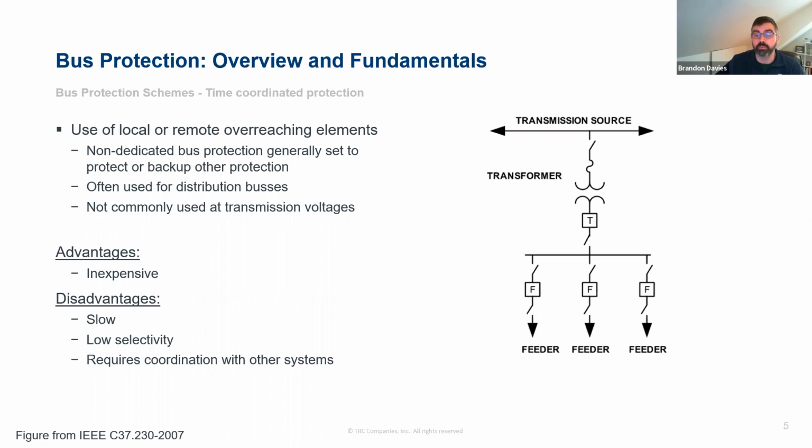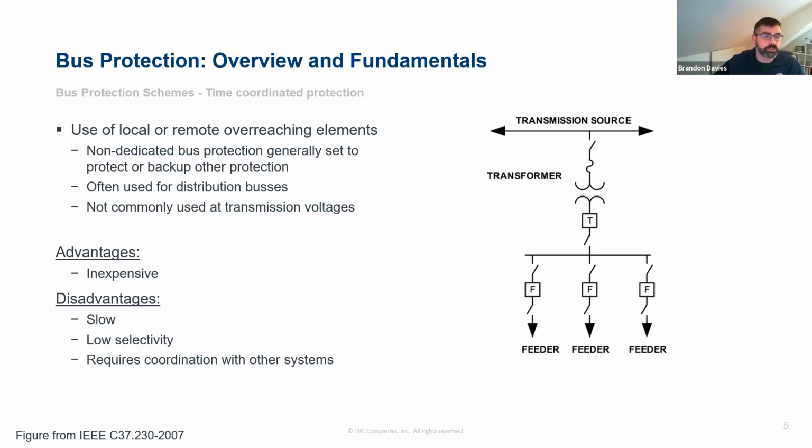If you had a bus with 3 transmission lines coming into it, they all had zone 2 elements that overreached the bus, because that's how we configure those elements. You could protect the bus with that remote equipment. And it would clear the fault. It would trip off all the lines, but the fault would get cleared after whatever the zone 2 time delay was to clear that bus fault.